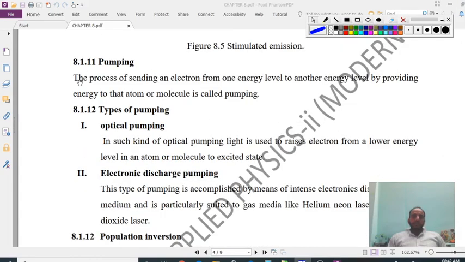Next is pumping. The process of sending an electron from one energy level to another energy level by providing energy to that atom or molecule is called pumping.